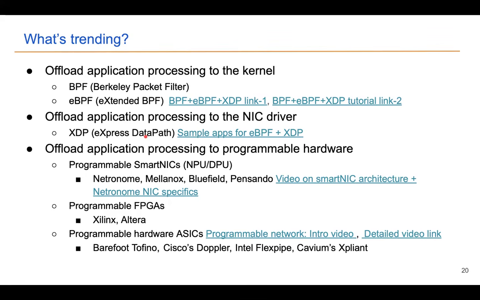Similarly, XDP programming can offload the application processing to the NIC driver. Therefore, even SK buffs are not allocated to these packets. More interestingly, recent programmable hardware advancements like programmable NICs and switches allow us to offload packet processing at the NIC hardware, or even better, at the network edge switch. That is, the packets do not even have to enter the enterprise network and are processed directly at the edge.